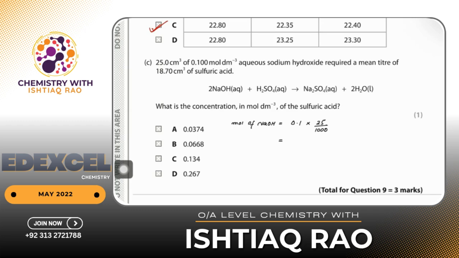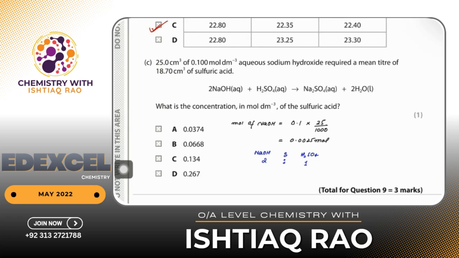Then you have to take the mole ratio between sodium hydroxide and sulfuric acid. That is going to be 2 is to 1. So 25 divided by 1000 multiplied by 0.1 is equal to 0.0025.